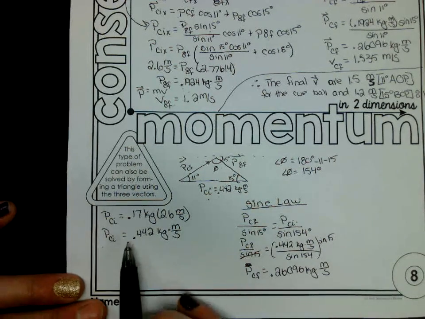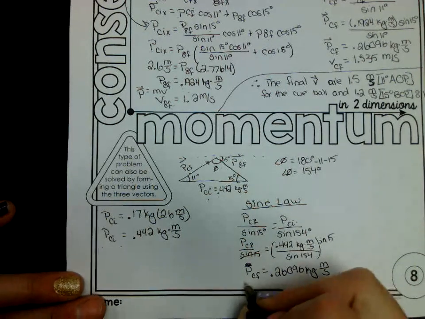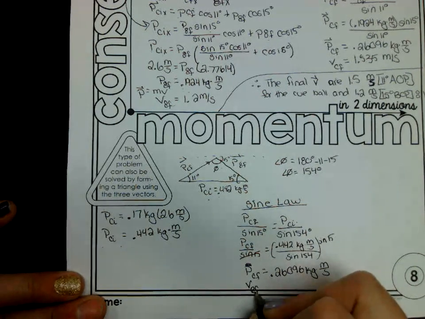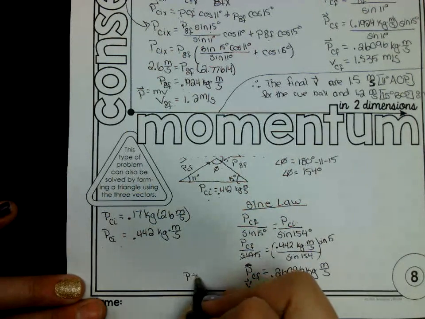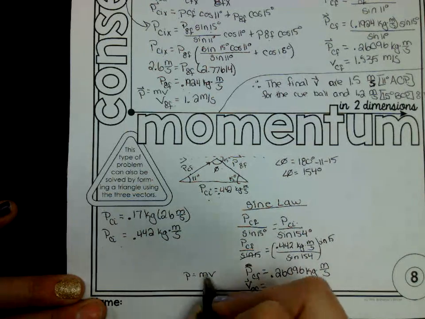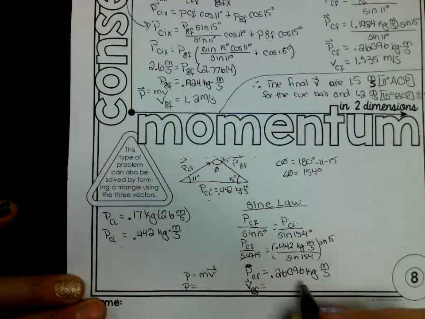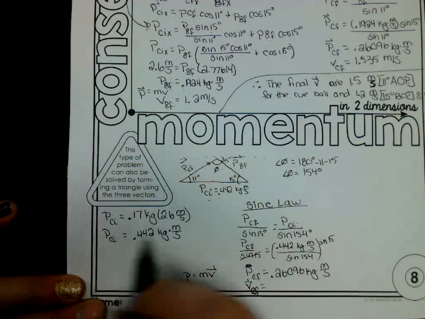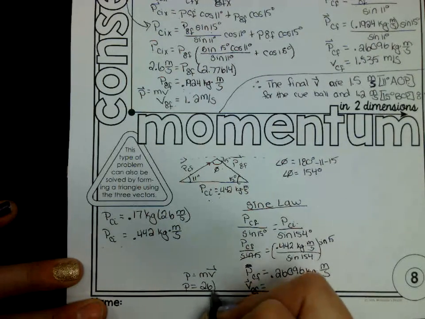If I know how much the cue ball weighs, and I know what the final momentum is, I can figure out the velocity. So the velocity of the cue ball final, momentum is equal to mass times velocity. The mass of the cue ball was 2.6.